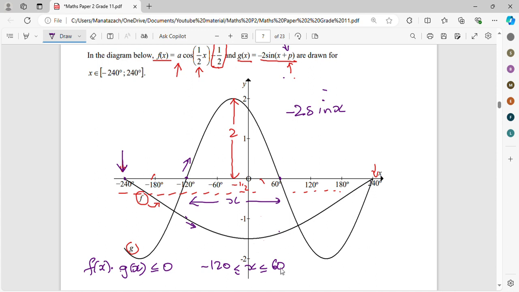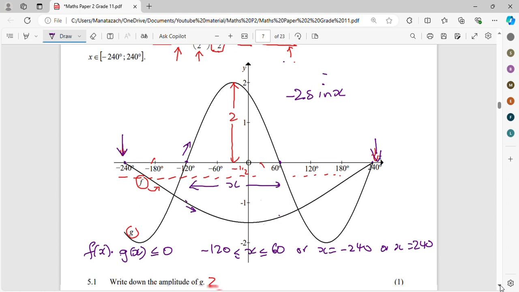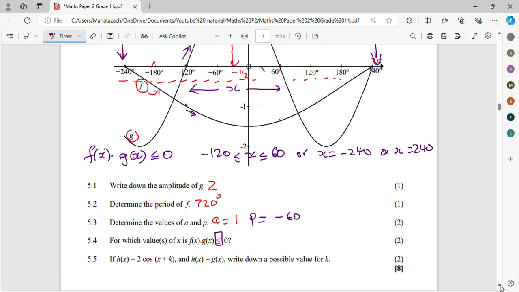So also we can say or x is equal to minus 240 for that reason. And also on the right hand side at 240, both graphs are 0. So 0 times 0 is also going to give us a 0. So we can say or x is equal to positive 240. Okay, that should be the answer for 5.4.